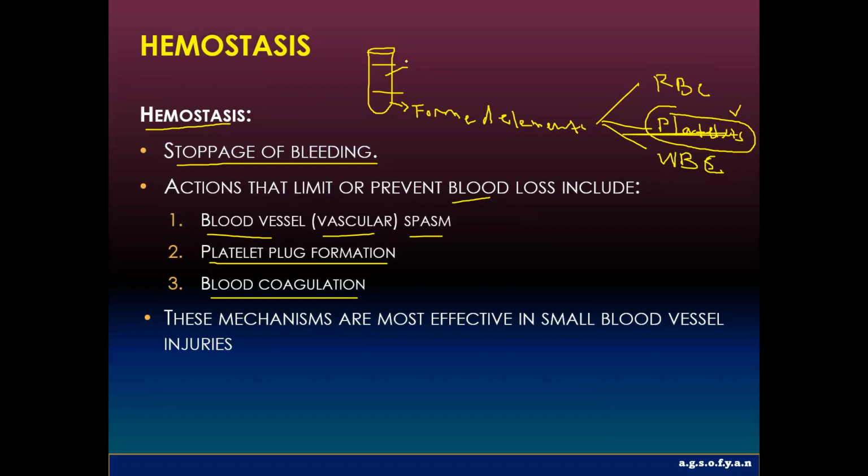And the top portion of the blood is called the plasma. Okay, and the plasma mostly consists of water, so 92% water.